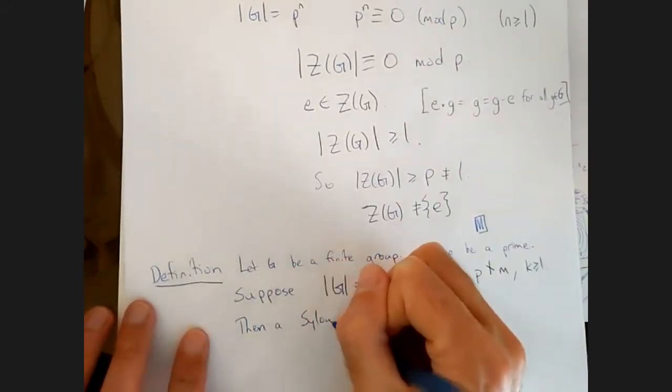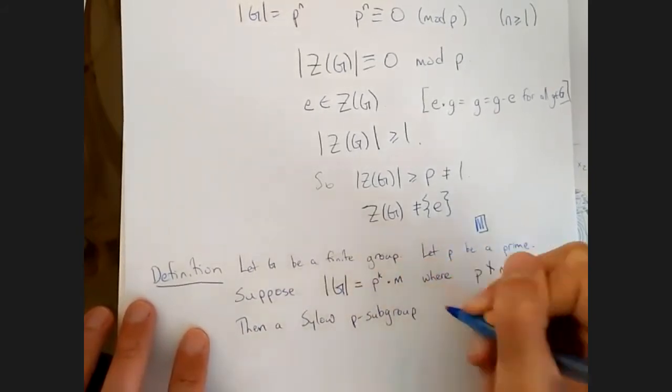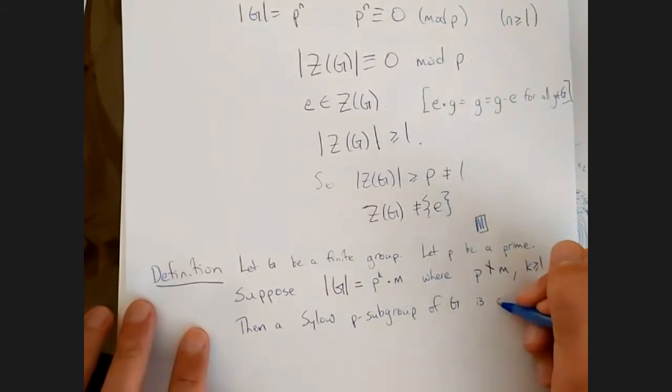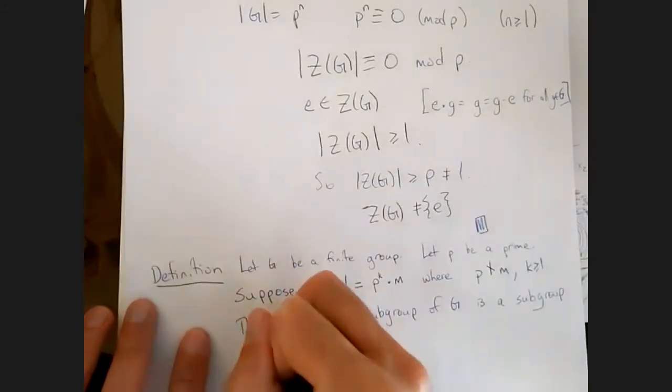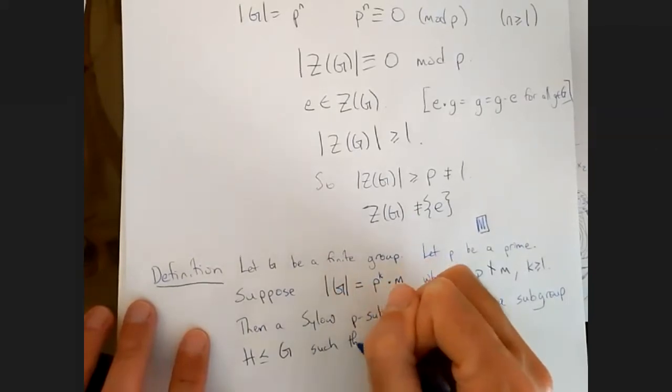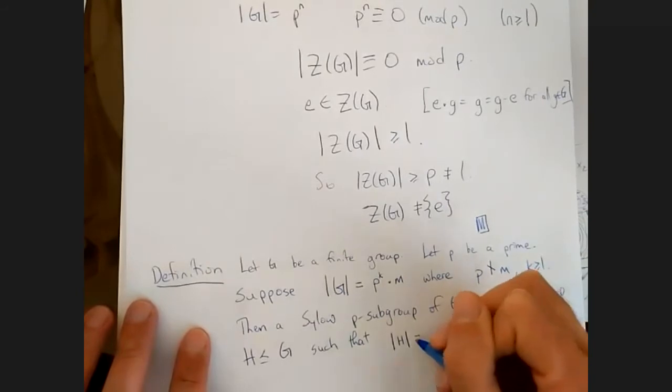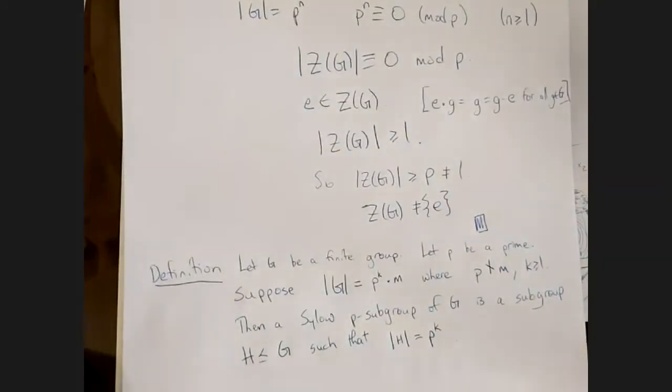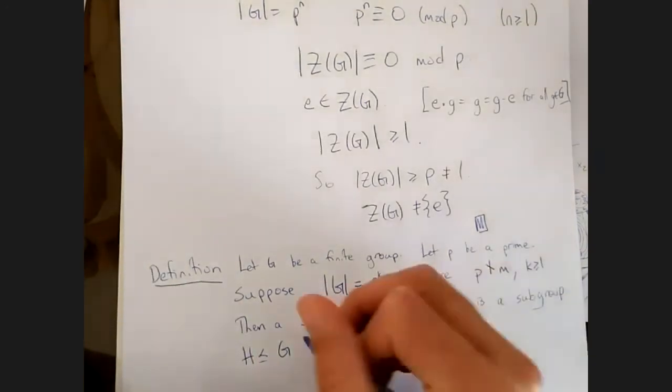Then a Sylow P subgroup of G is a subgroup H of G such that the order of H is P to the K. So this is the definition of a Sylow P subgroup.